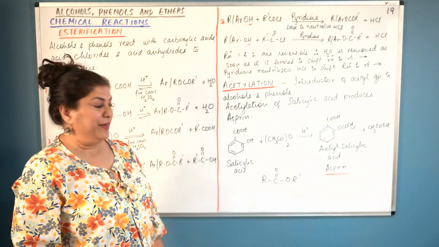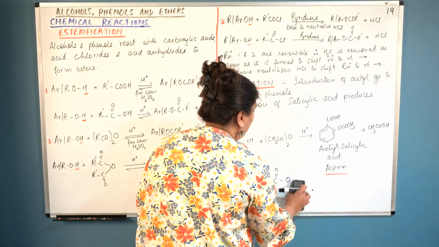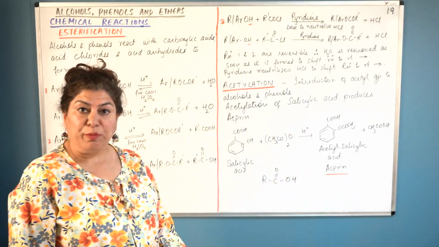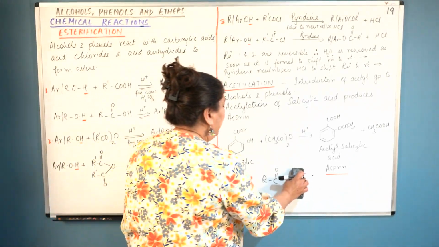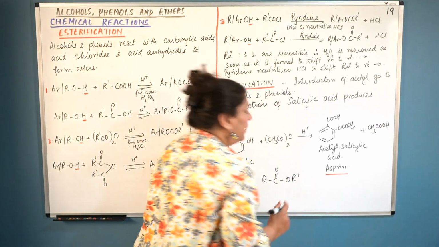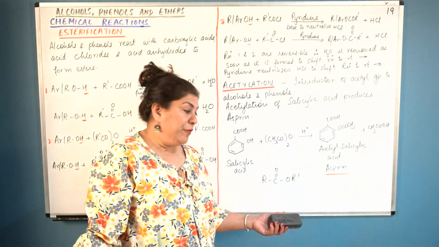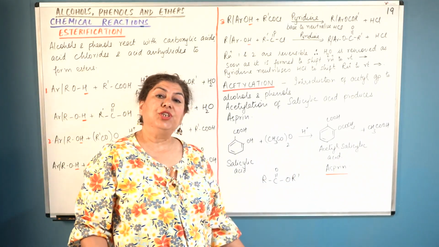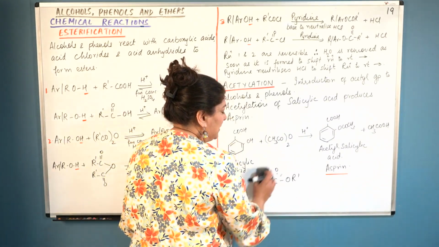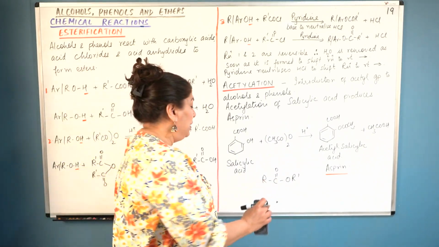This is the structure of an ester. If this was RCOOH, this would be a carboxylic acid. If the hydrogen is replaced by an alkyl group like R dash, it becomes an ester. So this is something that we already know. Both R and R dash are alkyl or aryl groups. So when a compound has this kind of structure, it would be an ester.